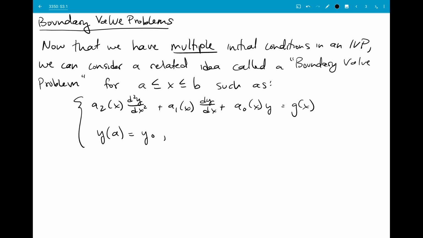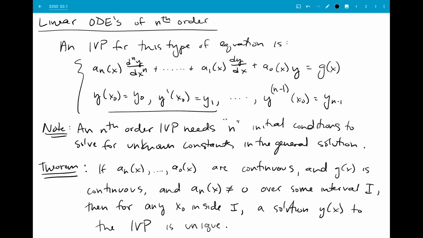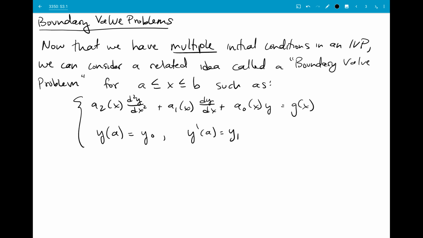And we would need a second condition because this is a second order equation. But instead of having y prime of a equal to y1, following the rules that we gave here, for a boundary value problem, you'll say that y at its boundary takes on a different value. All that we're doing is giving our conditions over an interval instead of in terms of derivatives.